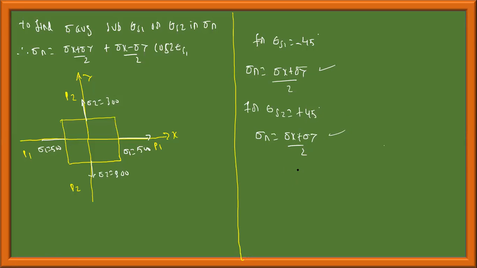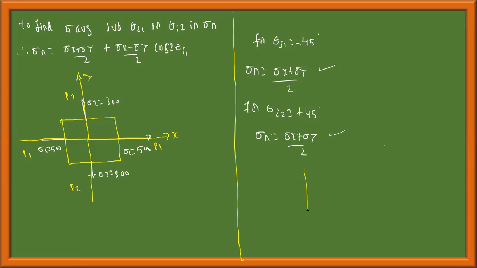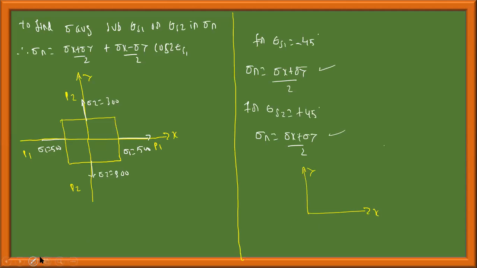Now let me represent this by plane. Theta s1 is at an angle minus 45 degree. This is the S1 plane.